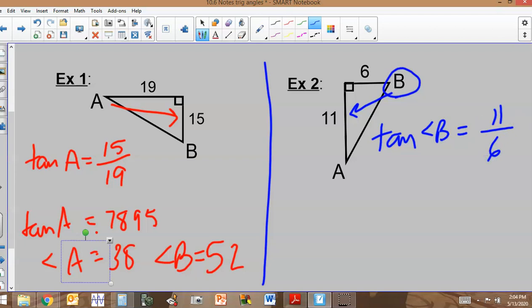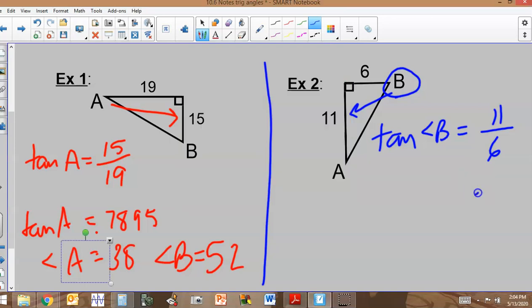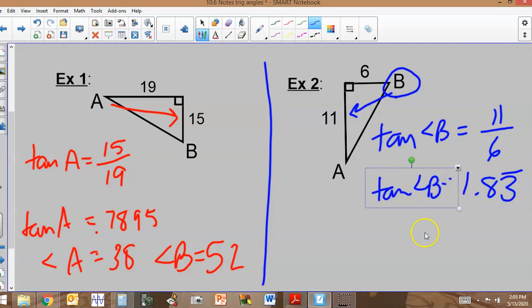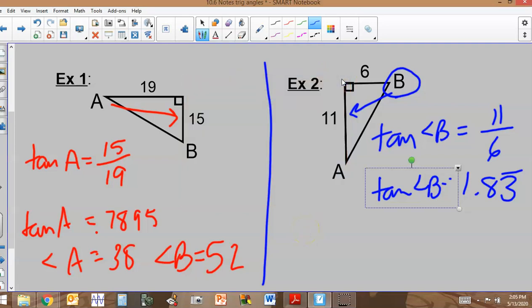So I'm going to take 11 divided by 6, and I've got 1.83 repeating. Now I have to make my calculator go backwards. So there it is. Backwards would be inverse tangent. So it's 61 degrees we're going to go with. Angle B equals 61.